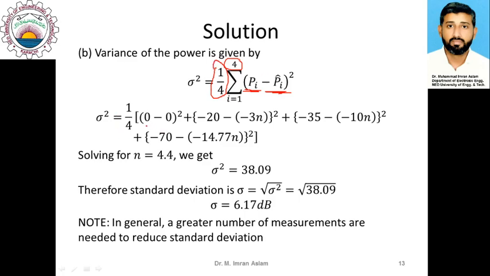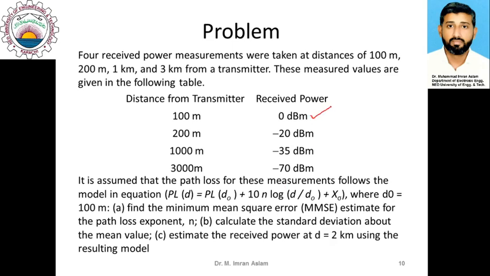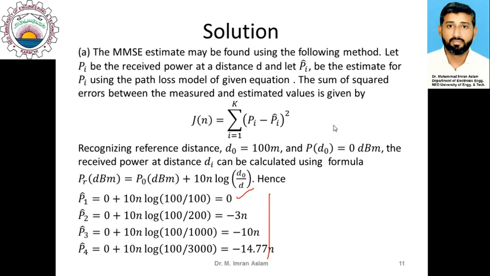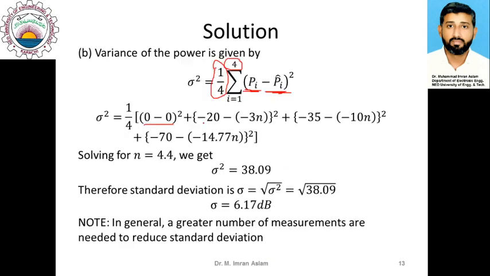The first term is 0 minus 0. If you refer back here, you can see that the formula value is 0, and similarly the measured value is also 0. For the second term, the measured value is minus 20 and the formula value is minus 3n. The difference is minus 20 minus of minus 3n whole squared.